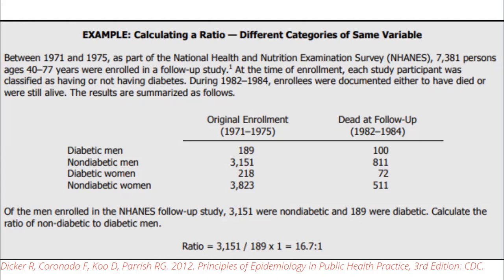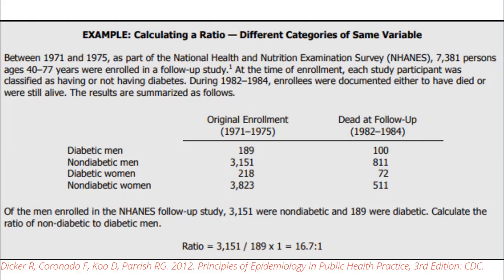They found that some participants were dead on follow-up. We have here diabetic men, 189, with 100 dead on follow-up, and non-diabetic men, a total of 3,151, and so on.